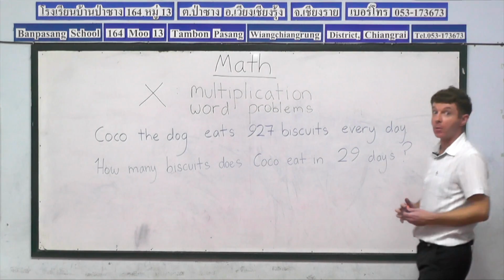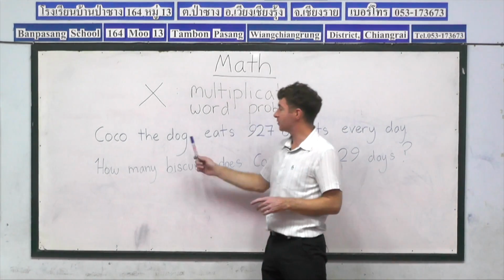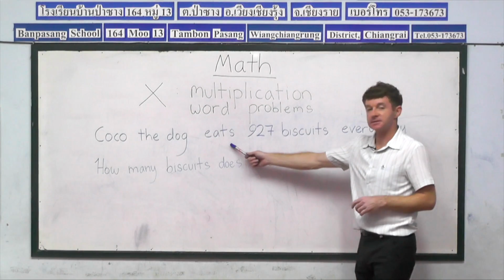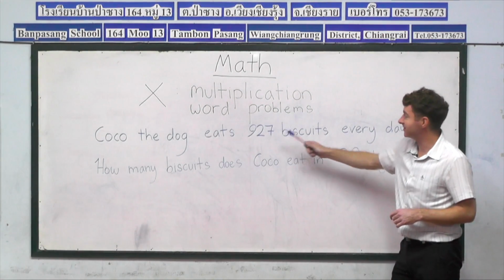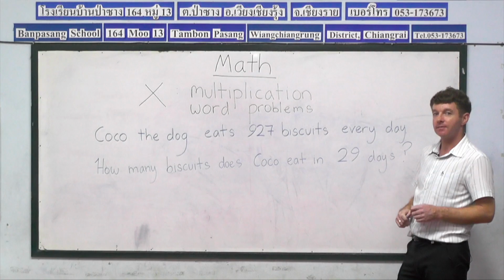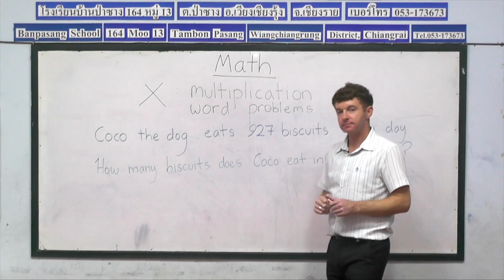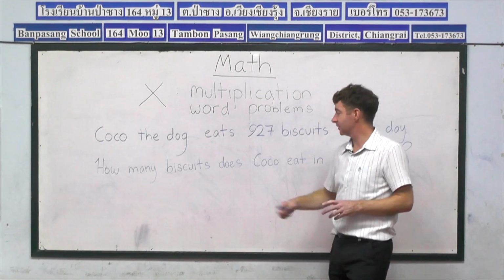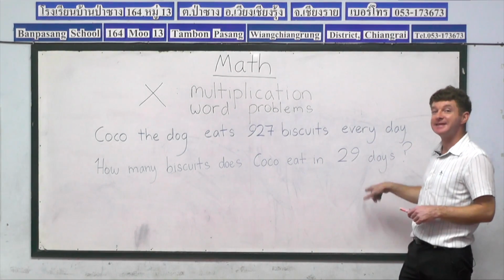Okay, so now we have our word problem. Let's read together. Coco, the dog, eats 927 biscuits every day. How many biscuits does Coco eat in 29 days?